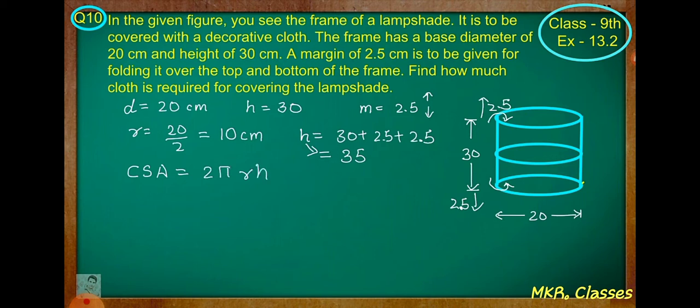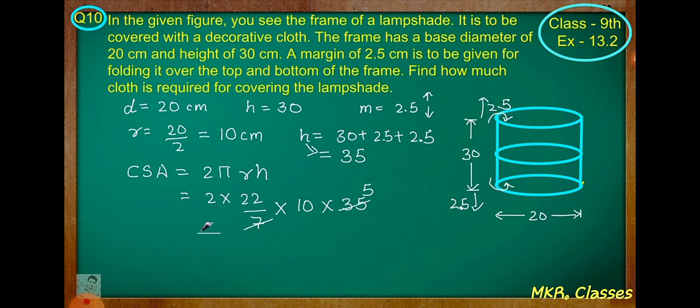So it's 2 pi RH, 2 into 22 by 7, and R is 10 and H is 35. So we'll cut 35 by 7. So 7 fives are 35. Let's multiply all these values. 2 fives are 10.